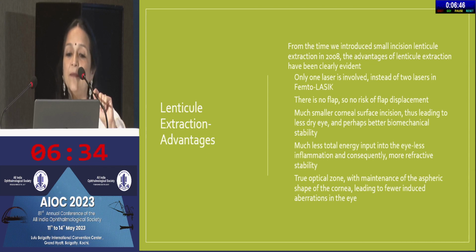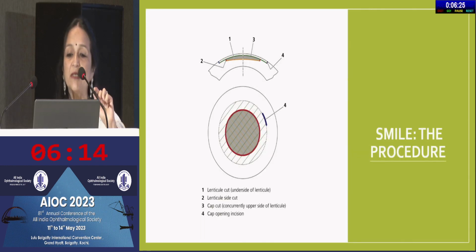Much less total energy input in the eye means there is going to be less inflammation and consequently better stability of treatment. And true optical zones with maintenance of the aspheric shape of the cornea lead to fewer induced aberrations in the eye. So these are really great advantages of a lenticule extraction procedure.